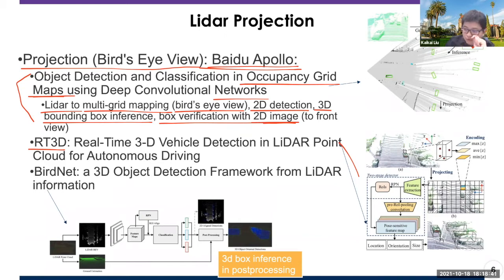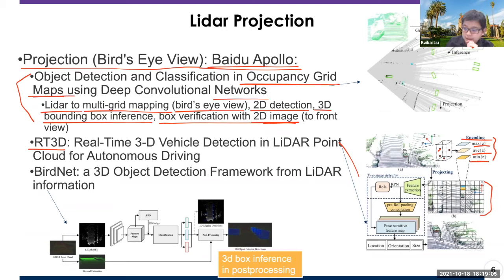Then for every cell, they can pick the max value, average value, or minimum value to do some encoding. This is also a hand-picked feature, similar to Baidu Apollo. Baidu Apollo uses more features, they only use 3, then project into the image. So max value, average value, and minimum value are similar to the RGB 3 channels of images.